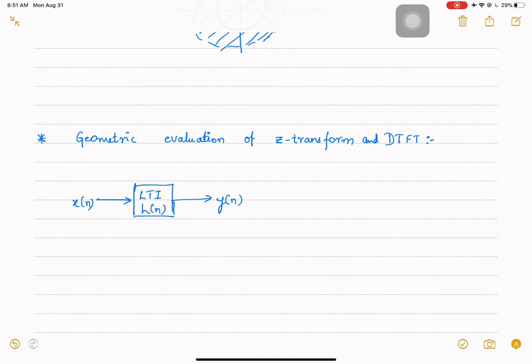If I take the Z transform of all the quantities here, I get X of z, this becomes my H of z, and this becomes my Y of z, and I can get back y of n, x of n, and h of n from these corresponding Z transforms by taking the inverse Z transform. The relation between the time domain quantities, as you know, is given by the convolution sum. So my Y of z, this is your modulation theorem.